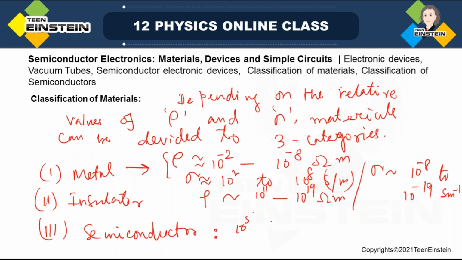So semiconductors have rho of 10 to the power 5 ohm meter down to almost 0. Sorry, this is rho, resistivity, and sigma.